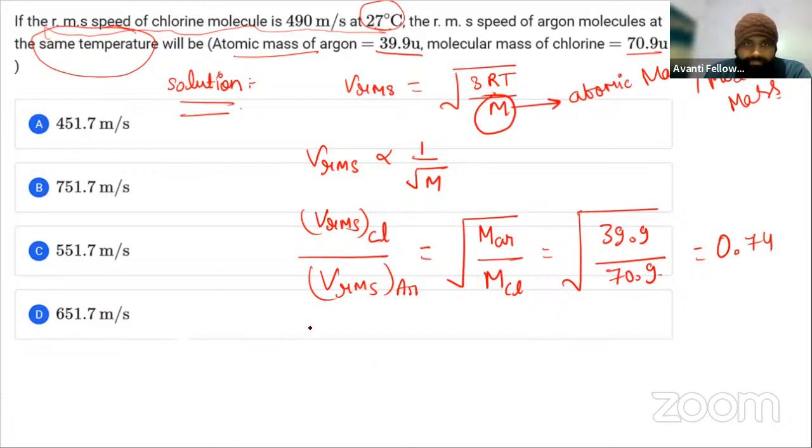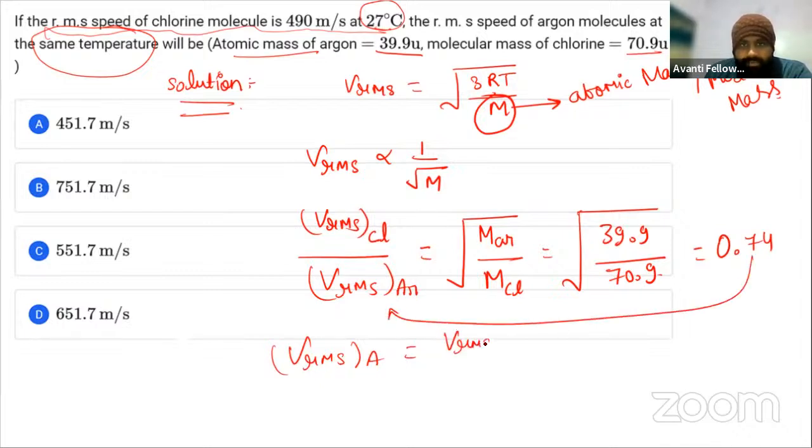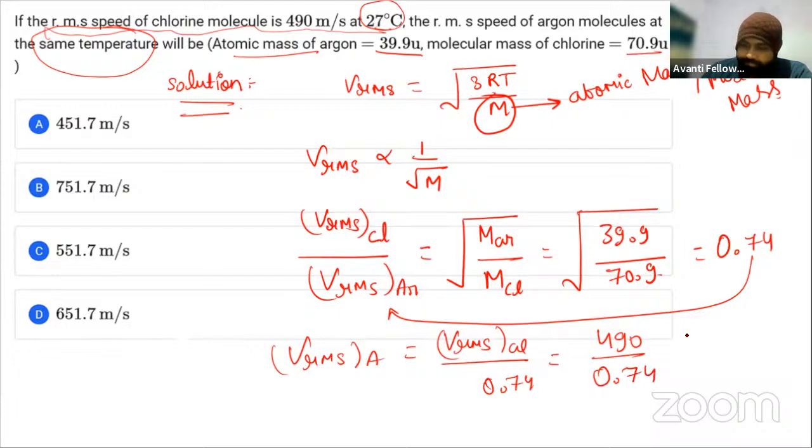Now V_RMS of argon will be, this will come downside here, so V_RMS of chlorine divided by 0.74. Chlorine is given to you as 490, so 490 divided by 0.74.